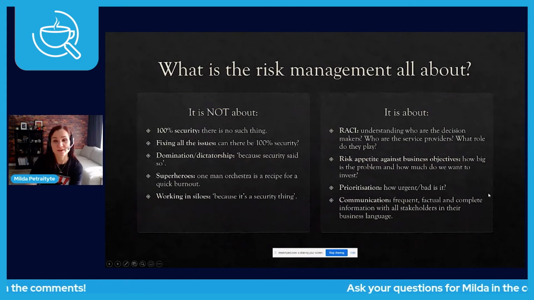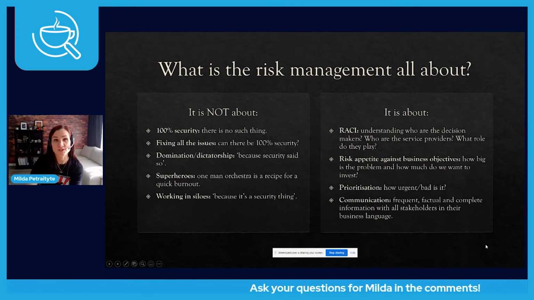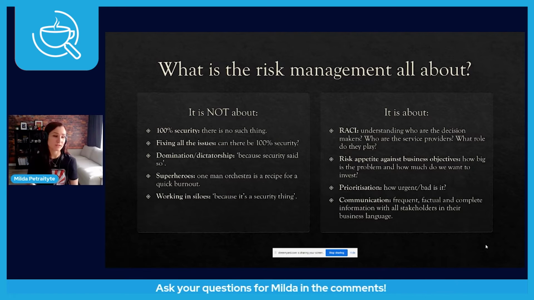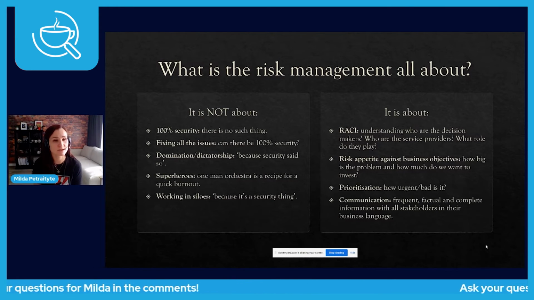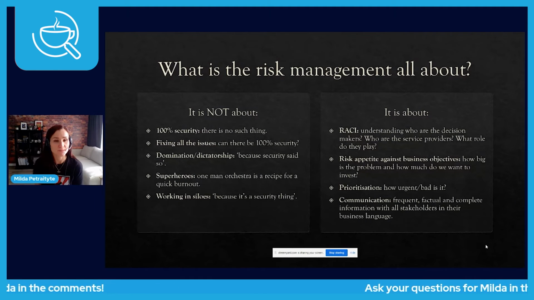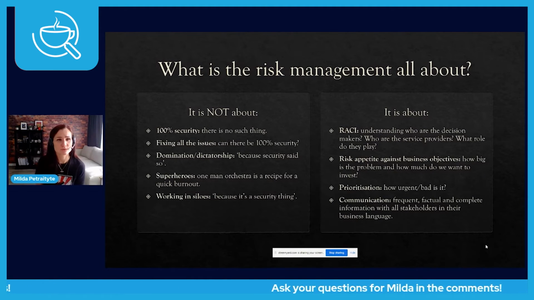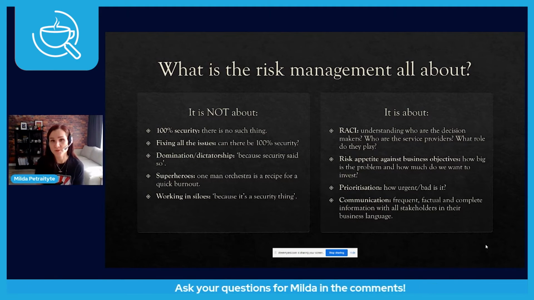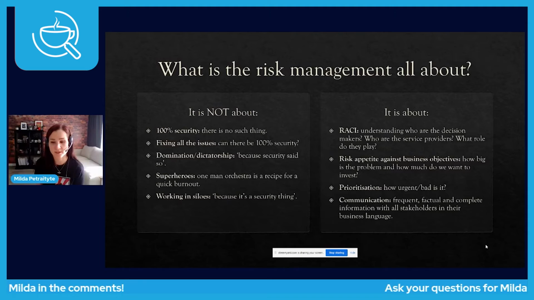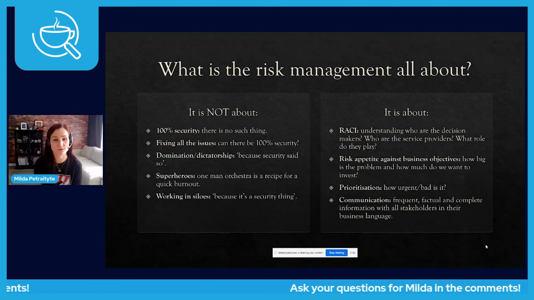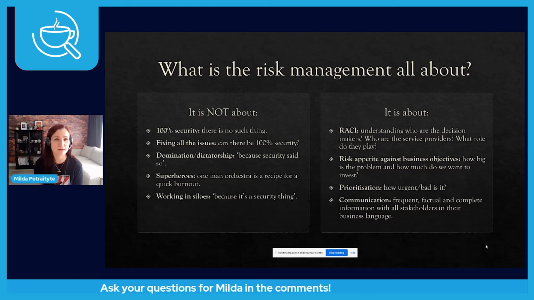Maybe something to mention here as well is when we speak about risk management, sometimes I notice that teams who don't manage to speak to the top management, to people more senior than them, to deliver the message and the risks that they want to talk about, typically have the mindset of fixing everything.